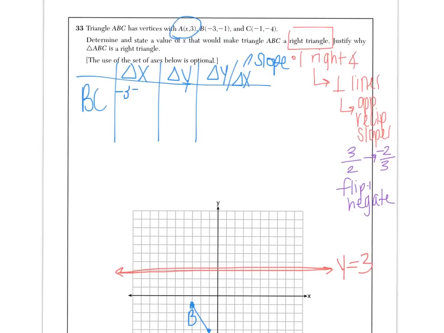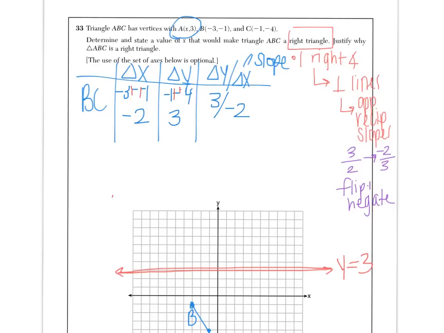Negative 3 minus negative 1. The double negative turns to positive. Negative 3 plus 1 is negative 2. Then for the y's, we have negative 1 minus negative 4. Again, double negatives turn to positive, so this gives me 3. Y's to the sky gives me 3 over negative 2.